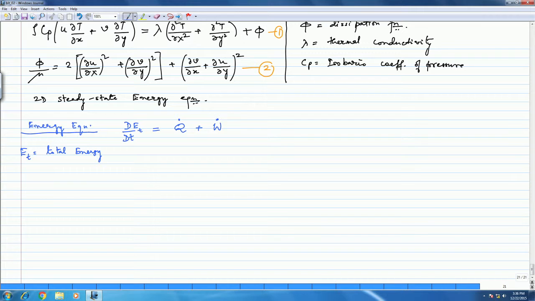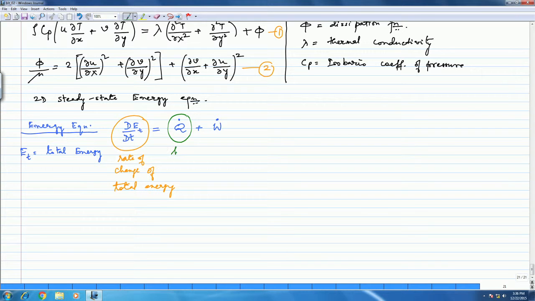So what is the left hand side here? This term is the rate of change of total energy, okay.